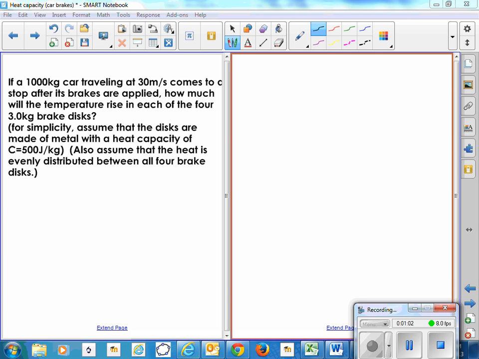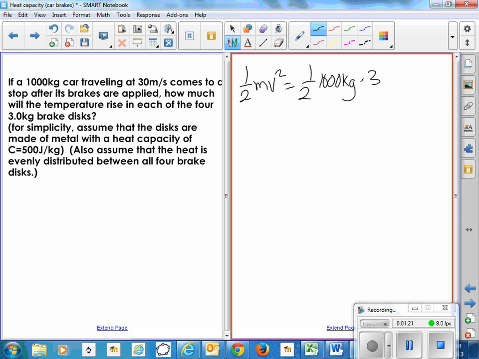Okay, so let's figure out how much kinetic energy we have. Kinetic energy is 1/2 mv squared. We have 1/2 of 1,000 kilograms times 30 meters per second squared.